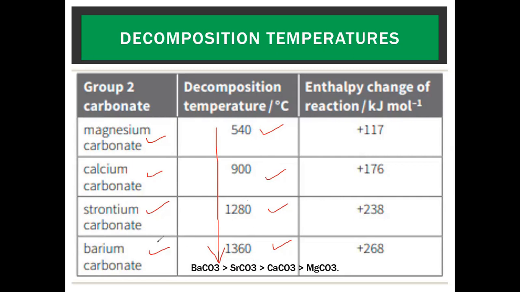Which of these carbonates will decompose at the highest temperature? Barium carbonate, absolutely right. So BaCO3 has the greatest thermal stability, so its decomposition temperature will be the highest in the group. Let's look into the reason, the explanation, and the examiner's expectations from the learners.